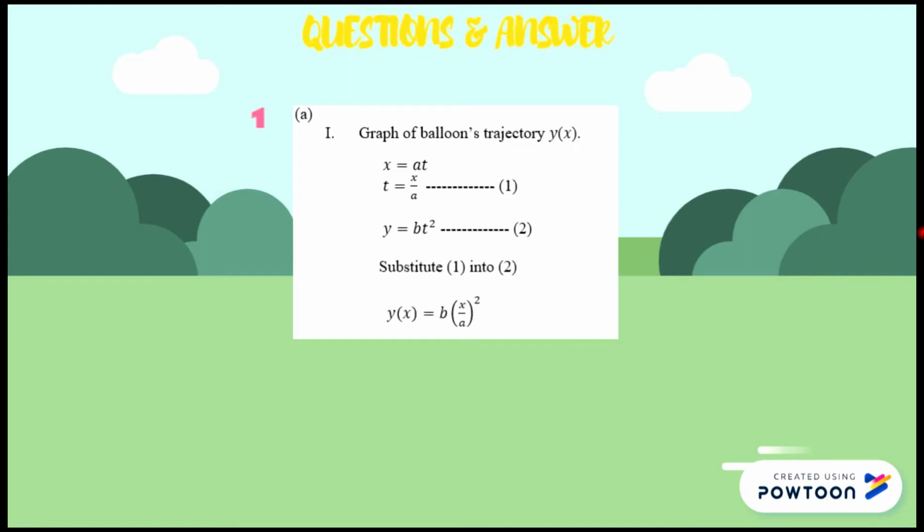After that, we substitute t into the function of y, so we will get y equals b times (x over a) to the power of 2.